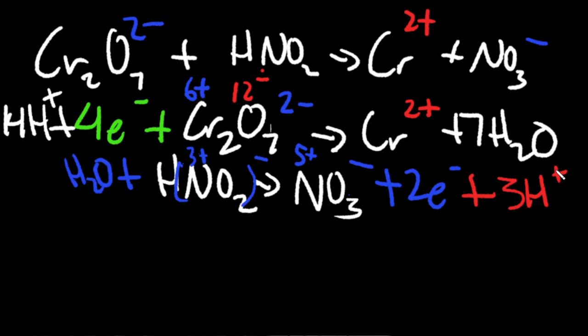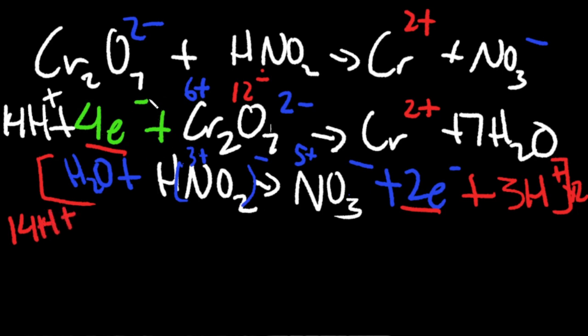And this should be pretty much it. Since this has 4 electrons and this has 2 electrons, let's multiply the bottom by 2. After that, combine all these together and cancel out if you need to. So you got 14 H plus. You don't include the electrons because it's balanced.